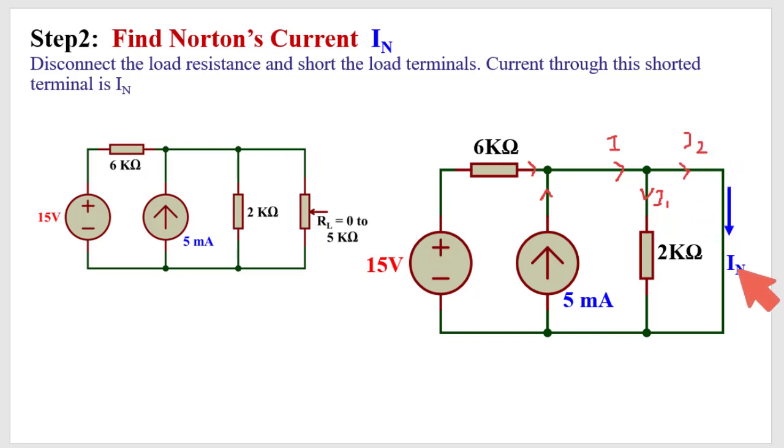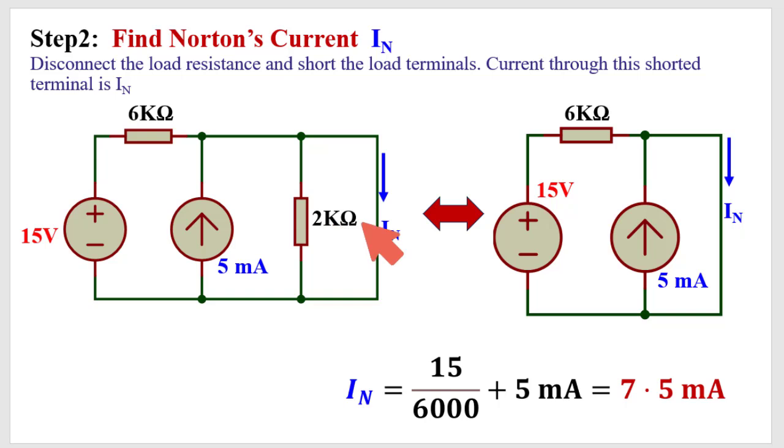Now I2 is the short circuit path and I1 has a particular resistance, so no current will flow through this 2 kilo ohm resistance. Whatever the I, the full I will flow through the IN. So we may omit this resistance while calculating the Norton current. Say I have omitted this one, so this is the equivalent circuit.